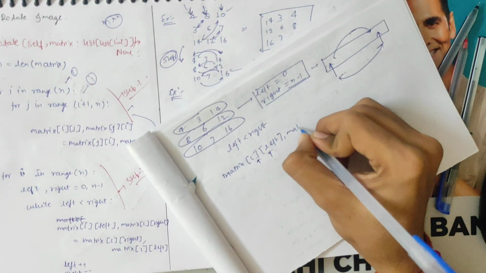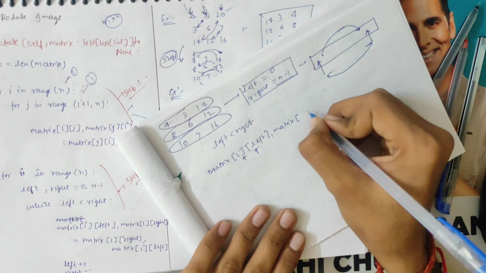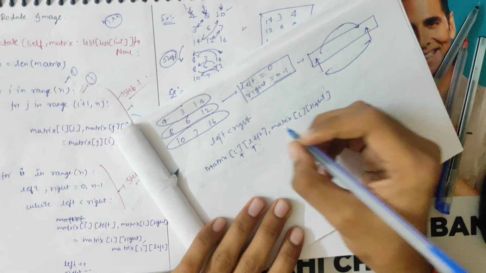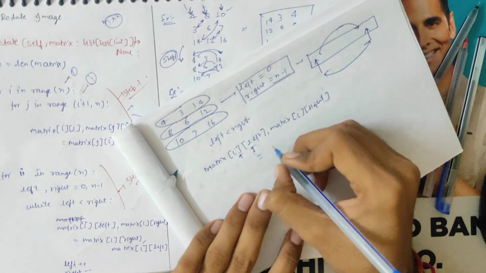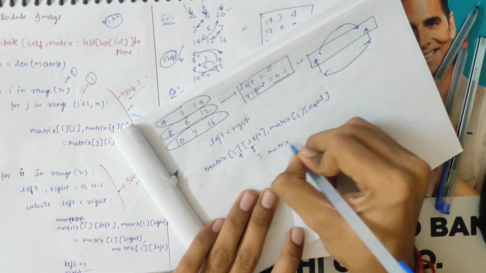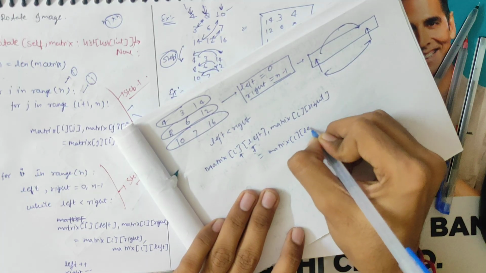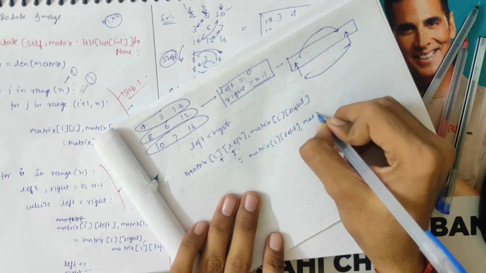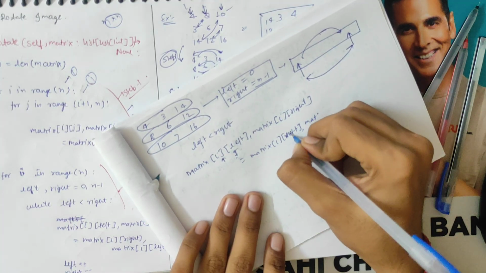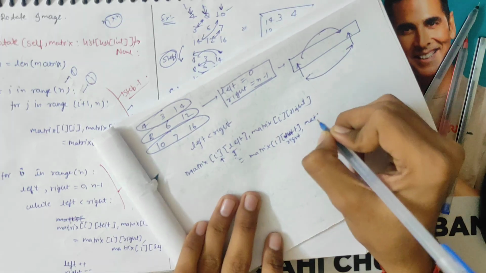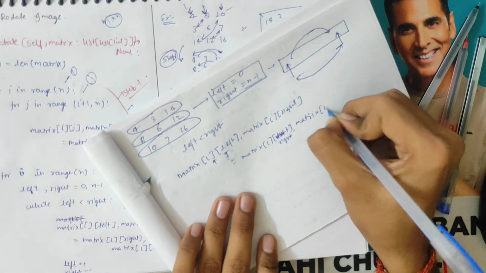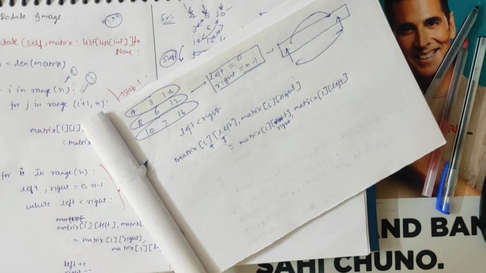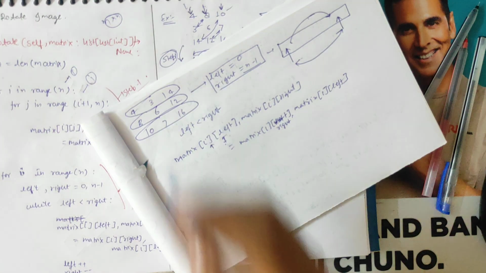And matrix i comma right will be swapped with matrix i left, and matrix i right with matrix i left. So now we have our matrix like this.